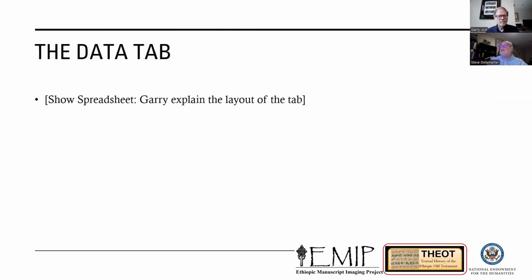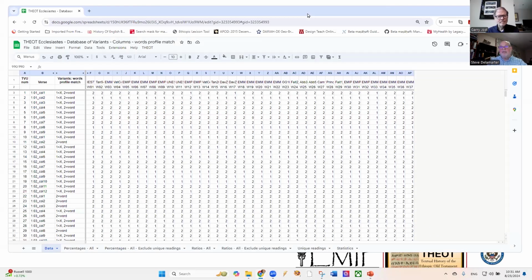Let's jump right in and take a look at the data tab here, the words profile match sheet, and the first tab is the data tab. Gary, tell us what we're looking at here. Okay. First of all, I'll say a word about the term words profile match.